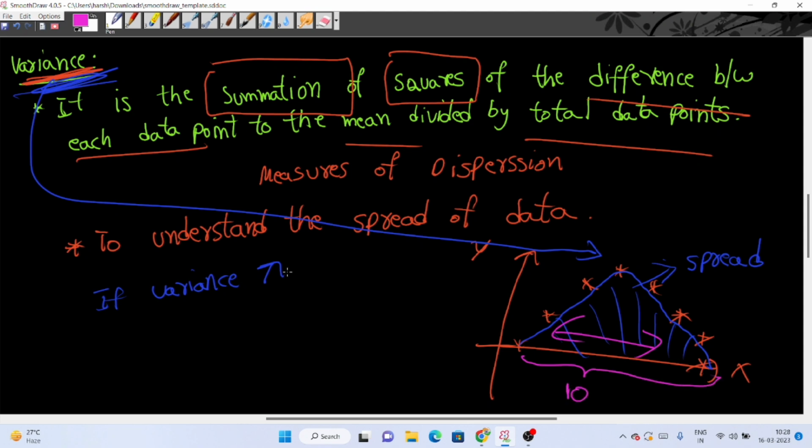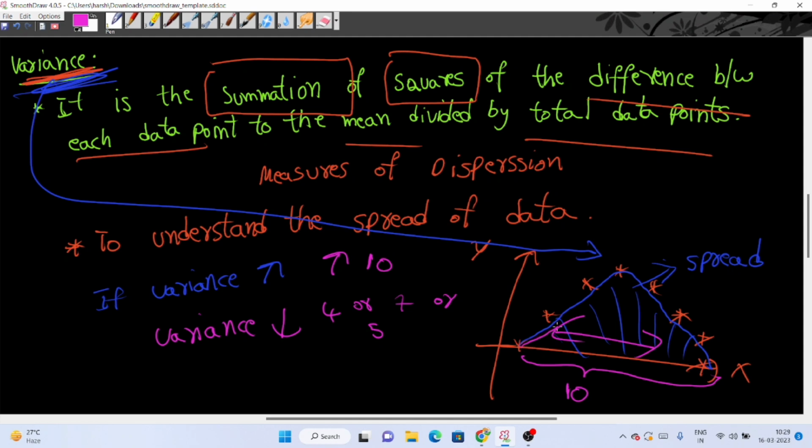If variance increases, this will also increase. But if variance decreases, then we may assume that this spread will also decrease. That means it may be any number less than the previous number. For example, maybe it can be 4 or 7 or 5 or anything else which is less than 10, and also the spread will become very small.